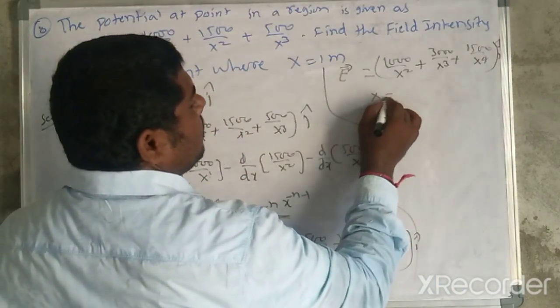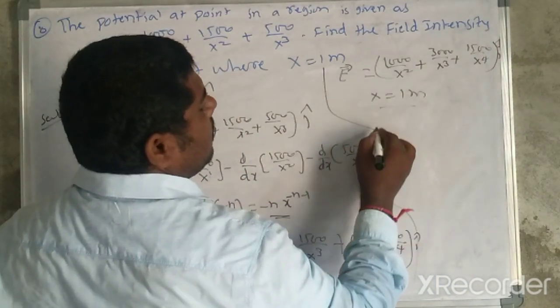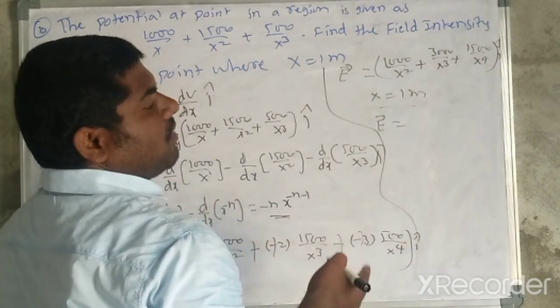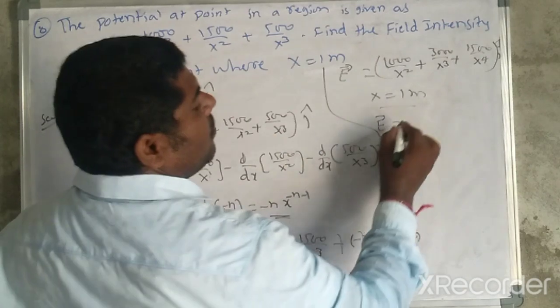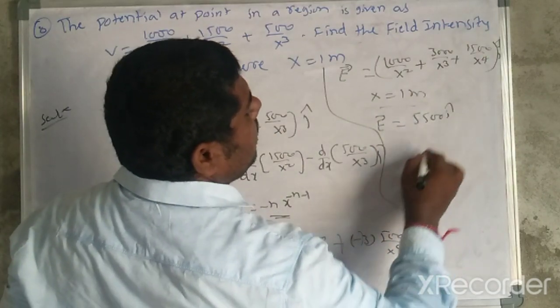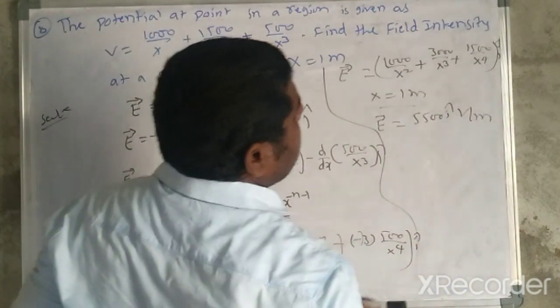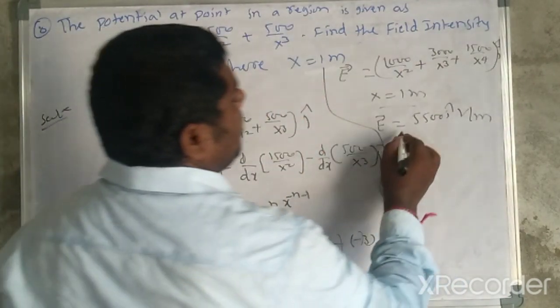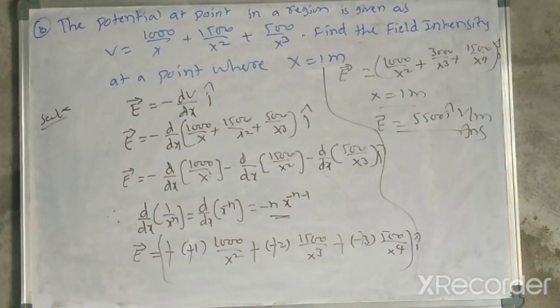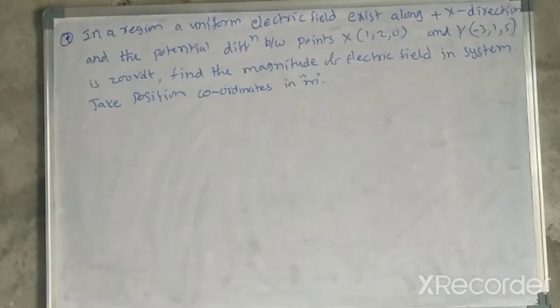Here put x equal to 1 meter. So E bar is 1000 by 1, 3000 by 1, 1500 by 1, total 5500 along i cap volt per meter. This is the answer to the question.